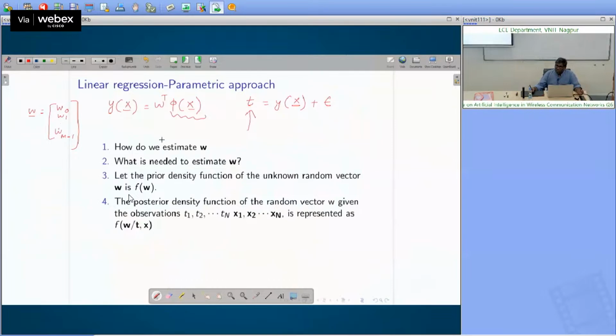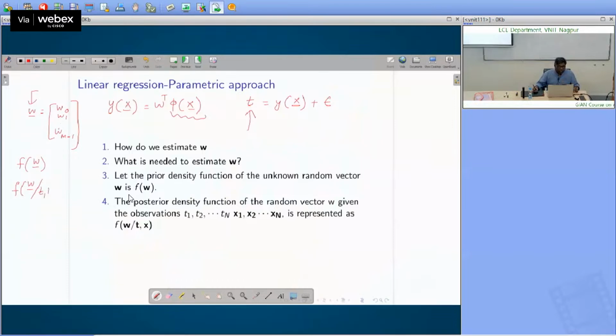For that, what density functions do you need? Because we are interested in estimating W, you need the prior density function. You need the posterior density function, f of W given the observations.